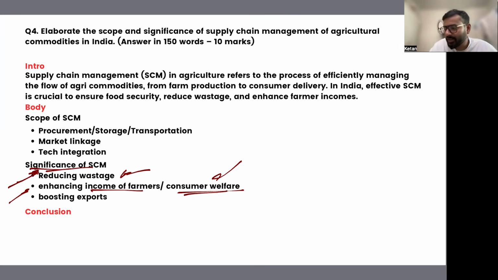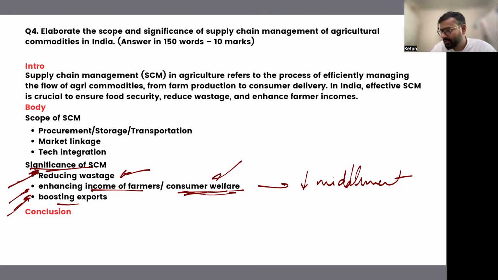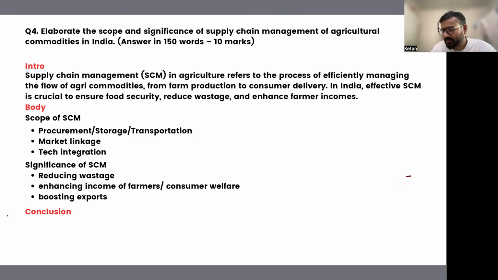You can also talk about how efficient supply chain management reduces the dependence on middlemen, which means more remuneration to the farmers, but also lesser price for the end consumers. So consumer welfare will also happen. And with efficient supply chain management, more exports of agricultural produce can also be done. So this will satisfy the demands of your question.